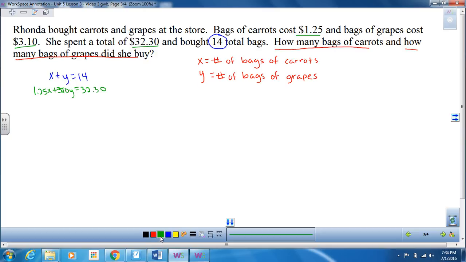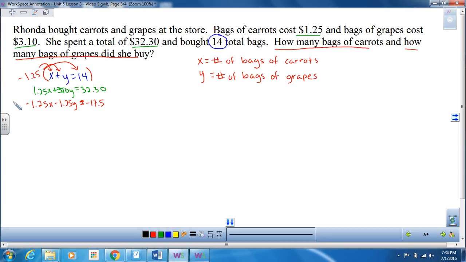Okay? All right, well, I need to use elimination, so I'm going to multiply the top equation by negative 1.25. Remember, it doesn't change anything as long as you multiply all of them by that same number. So negative 1.25x, negative 1.25y, and then 14 times negative 1.25 is negative 17.5.